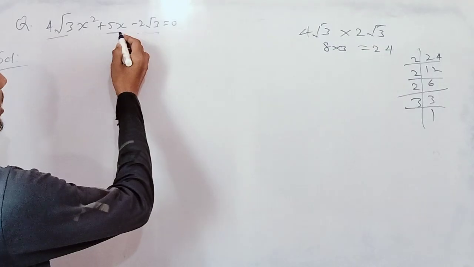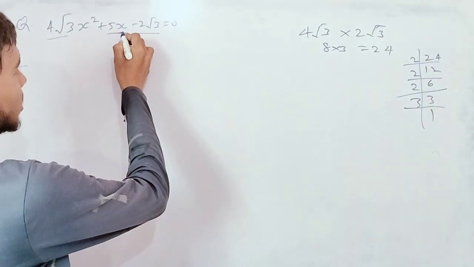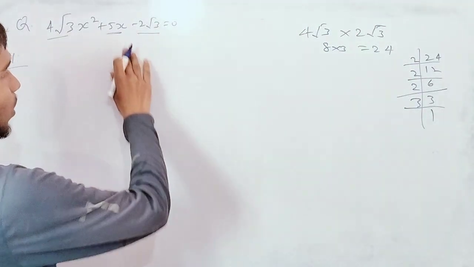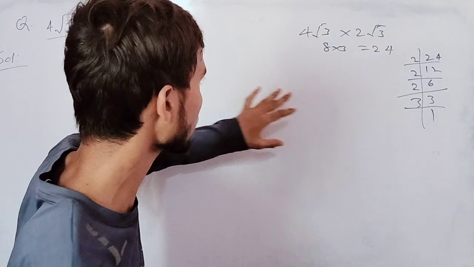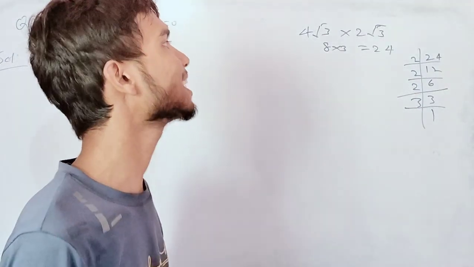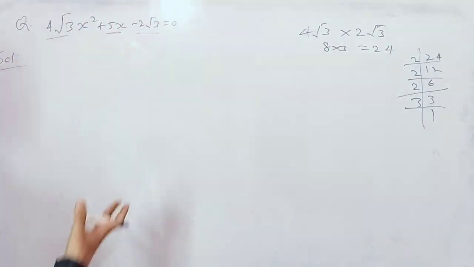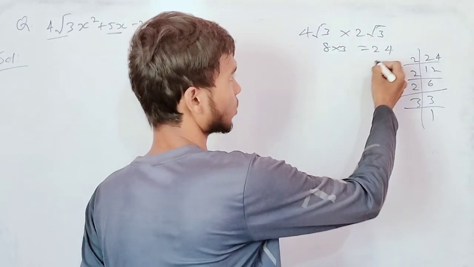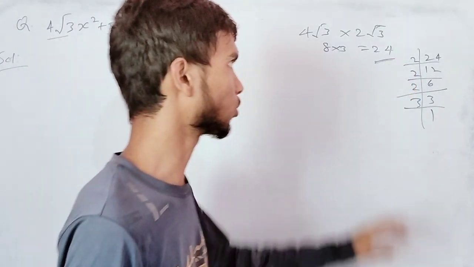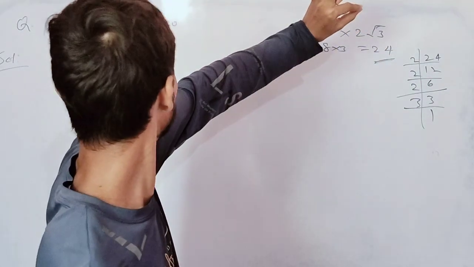Now we want this 5, not 24. So after adding or subtracting, we should get plus 5 from this product.